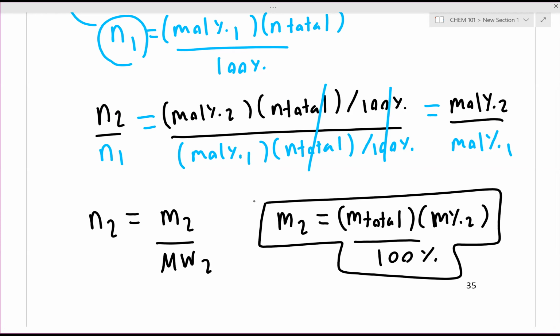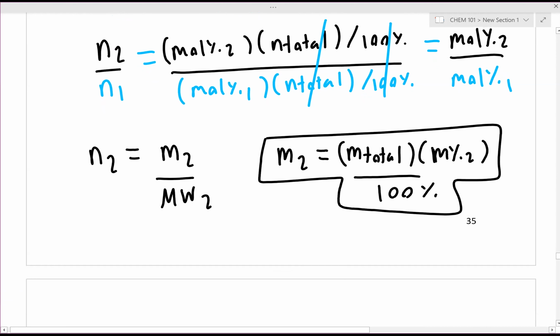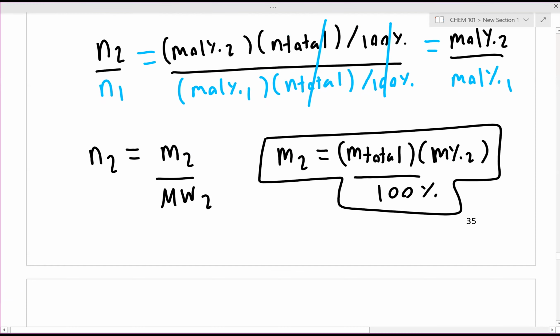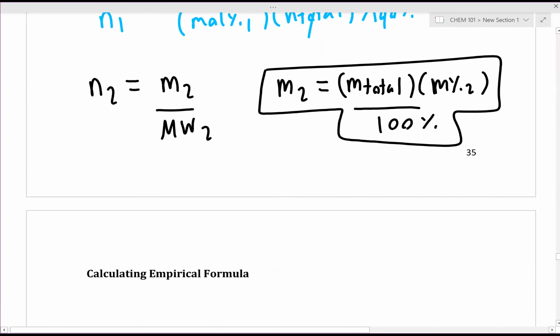Now let's combine and write out another equation for the moles of element 1. Will the moles of element 1 equation look almost exactly identical? When we think about the moles of element 1, is it calculated in the exact same way?